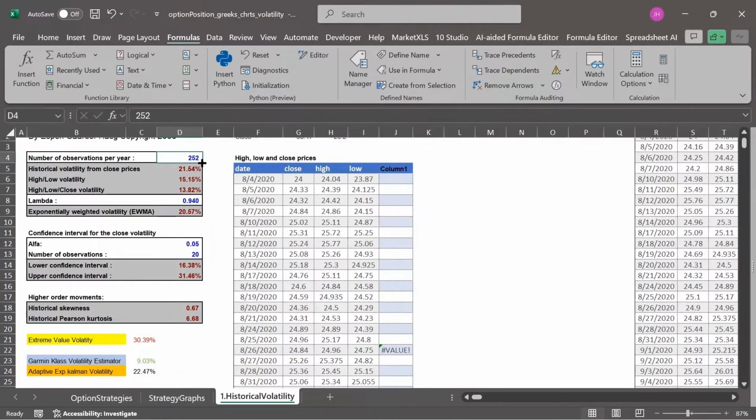Both the historical, the exponentially weighted, and the adaptive exponential filter are close together, which is unusual. They don't usually match that much. The adaptive exponential and the exponentially weighted are often close together, but the historical volatility doesn't usually match.